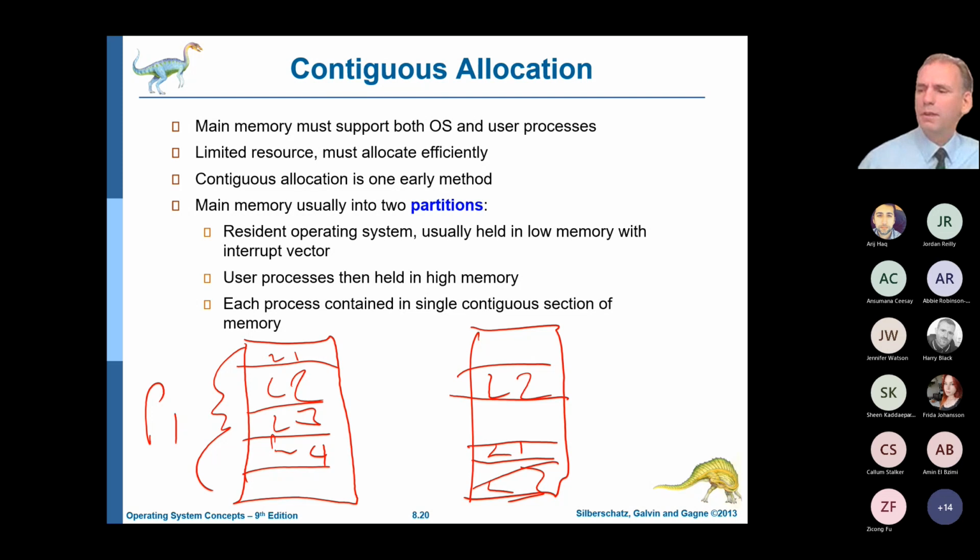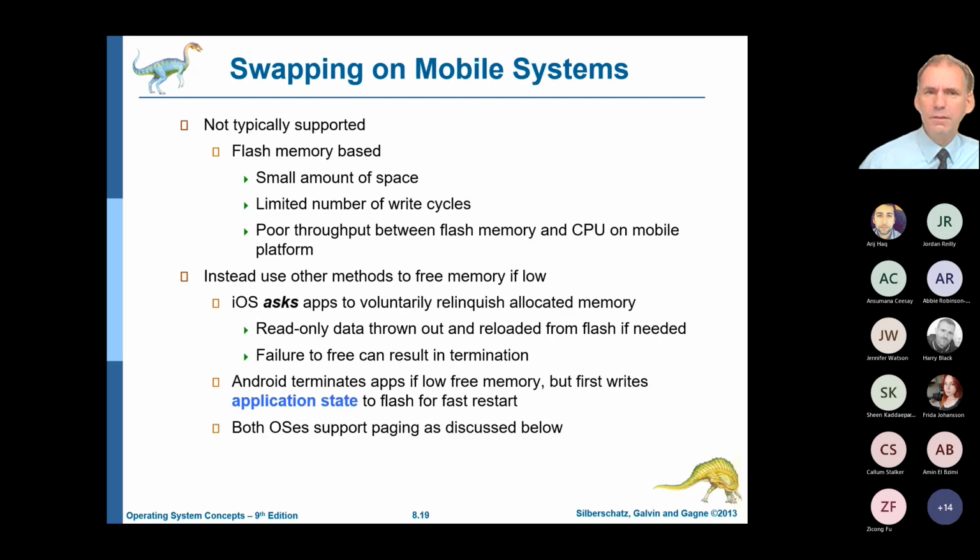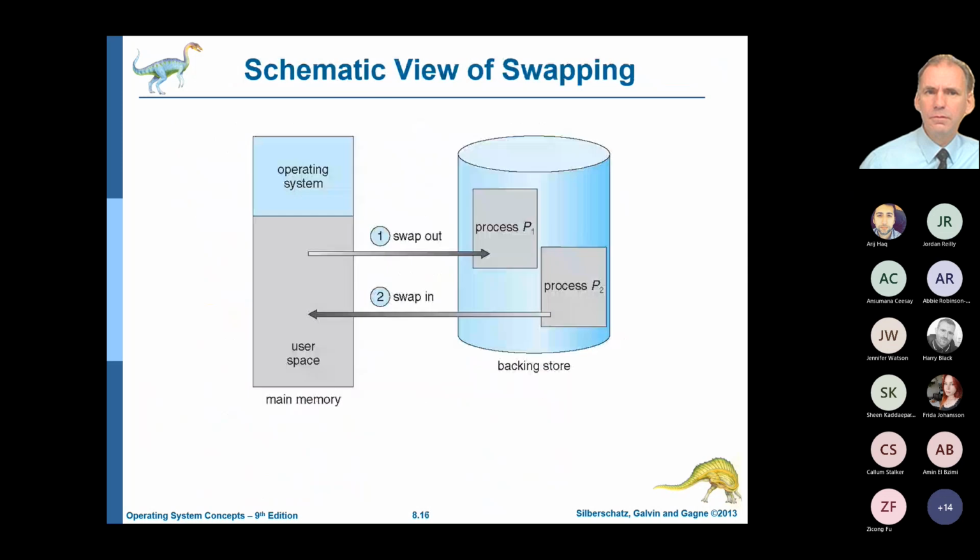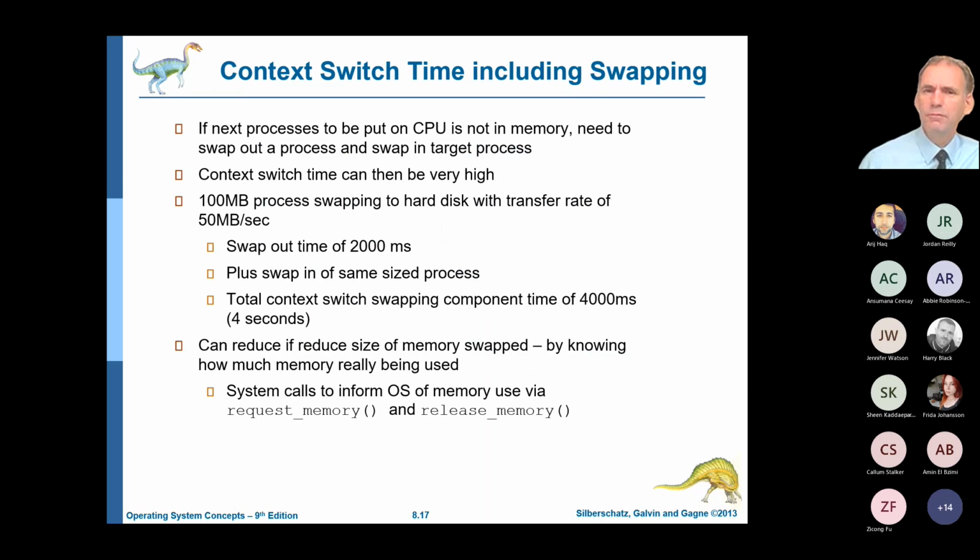Do they have to bump up against each other in memory, or can we sort it so that they can be anywhere we want? So instead of this idea where you have the operating system and you have one huge contiguous user space for memory, maybe we can put things in different places.